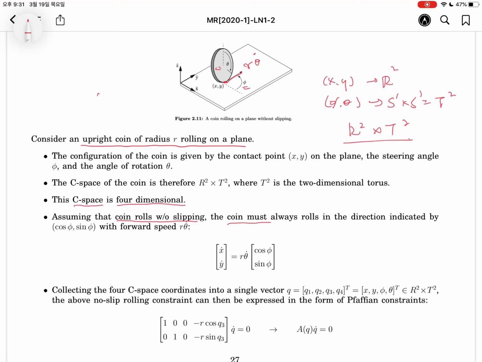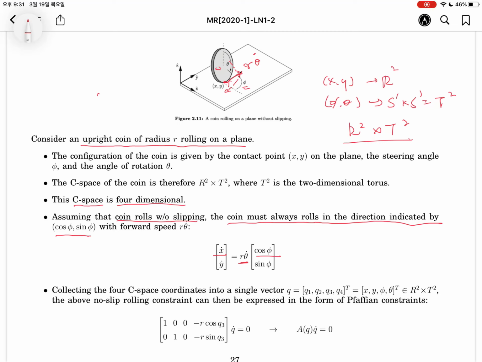Assume that the coin rolls without slipping. The coin must always roll in the direction indicated by cosine phi and sine phi. R theta dot will be projected to the x direction by applying cosine phi, and the y direction. So we have x dot.